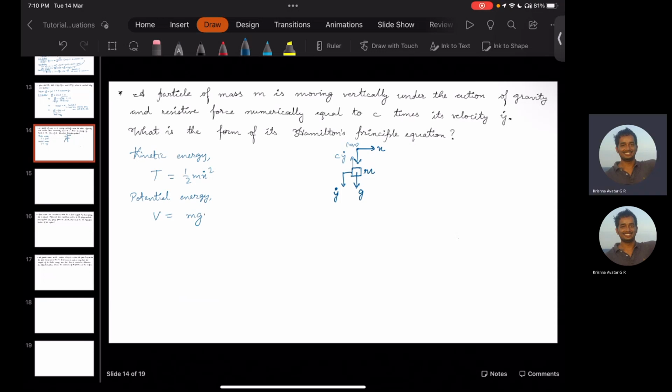Okay, so this requirement can be taken into account by prefixing one negative sign to this expression mgy. And the other thing we are asked to do is to find the resistive force.